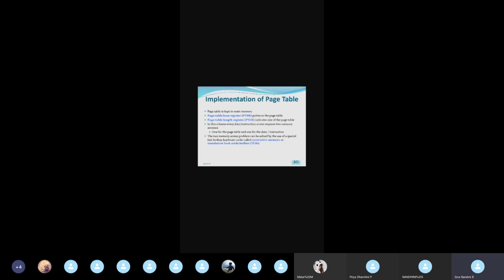See here in this paging concept, for a page in the logical memory, we have to look into the page table, and from the page table we get the particular frame. For example, page 0 is available in the 14th frame.